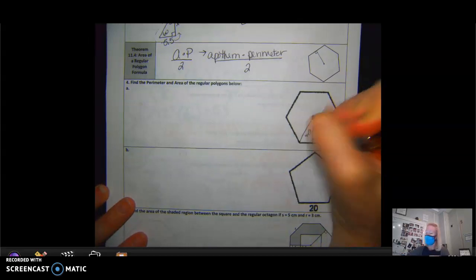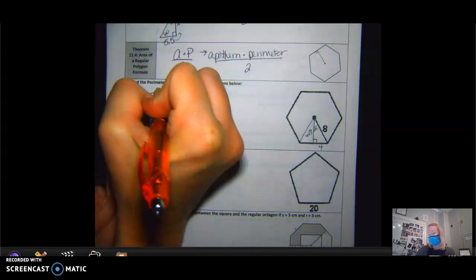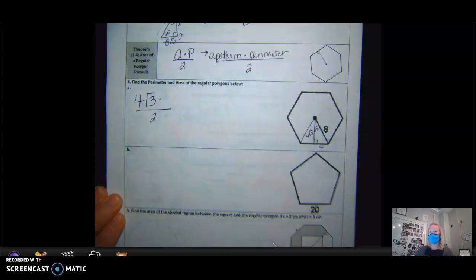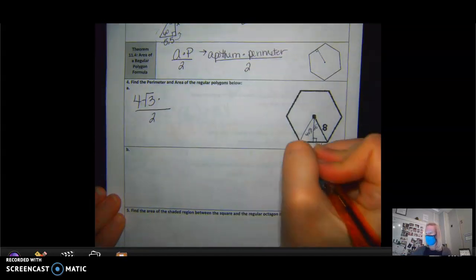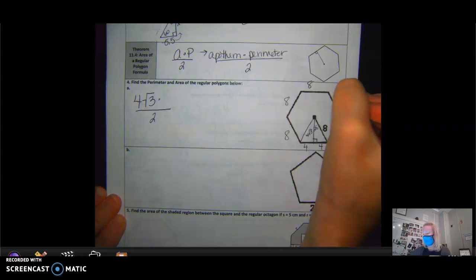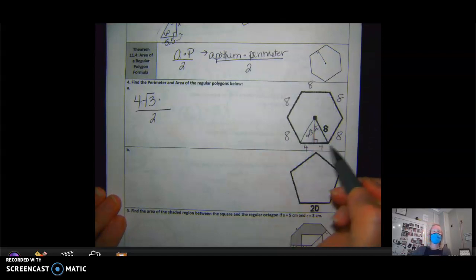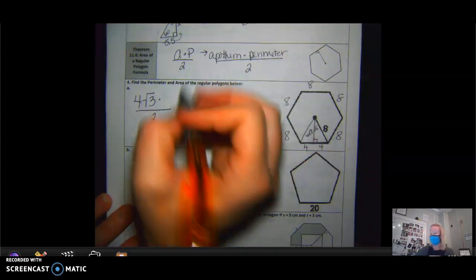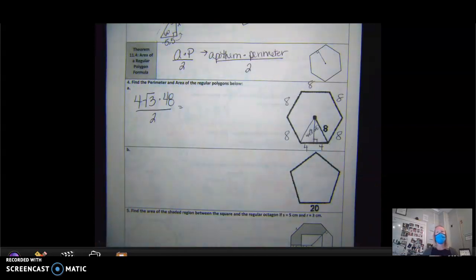Okay, so now we found the apothem, which I need to know. So that is 4 square roots of 3. But I need to know the perimeter. Well, if this is 4, what's this guy right here? The whole thing, that would be 4 also. So yes, the whole thing is 8. So this is 8 all the way around. So we have 6 sides at 8 each. How long is that? So now I have everything I need to know for the formula to plug it in.